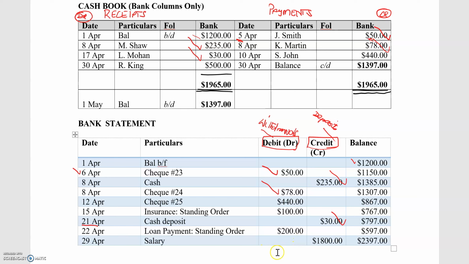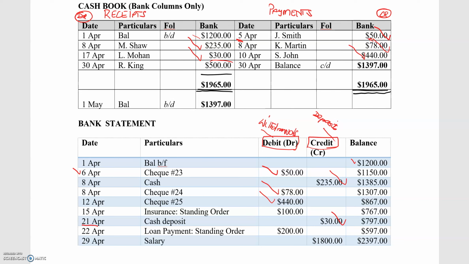If we examine the cash book again, we are going to see payment for $440 and a corresponding debit entry in the bank statement of $440. If we look at the cash book, there is a receipt of $500 on April the 30th, which does not show up on our bank statement.